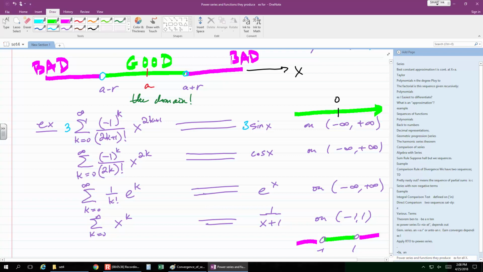So there we go. I have a power series representation of a new function, 3 sine x. For completeness, I would take this 3 and pull it inside in order to have the standard way to represent a power series. But otherwise, you have a power series for a new function.